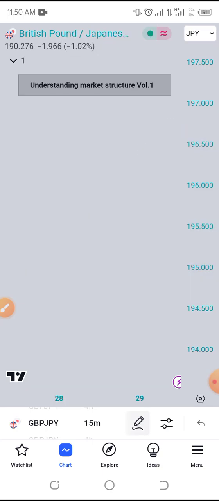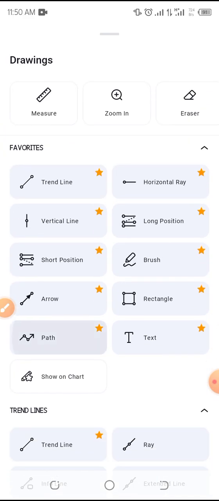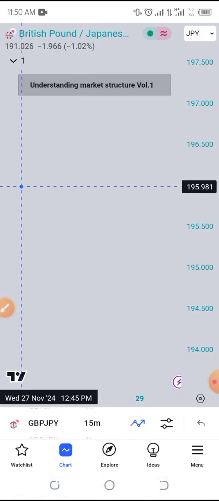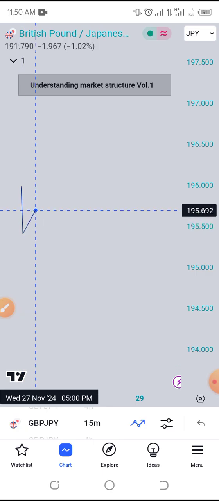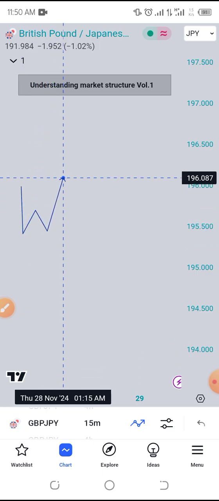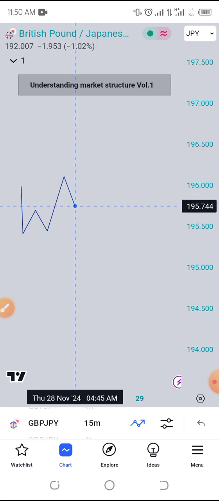Then for a sideways market, which is also known as a ranging market, we want to see the market doing something like this, when you can't really tell if the market is in an uptrend or in a downtrend.